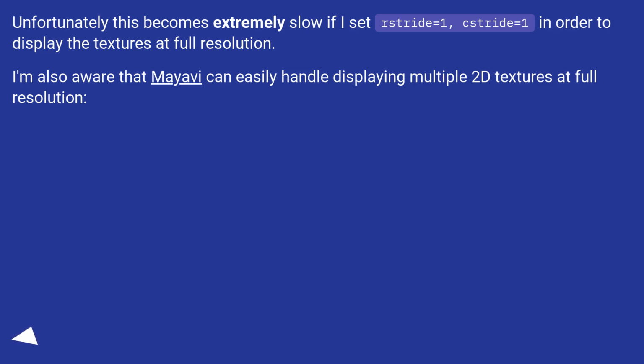Unfortunately, this becomes extremely slow if I set stride equals 1 in order to display the textures at full resolution. I'm also aware that mayavi can easily handle displaying multiple 2D textures at full resolution.